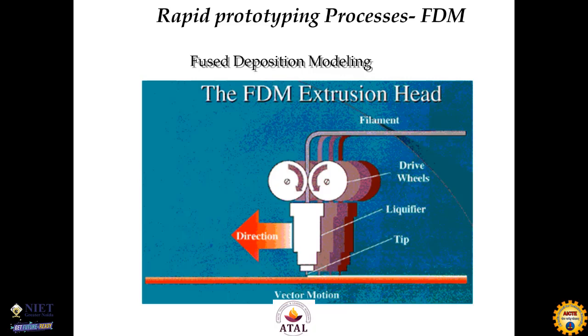For ABS we need a range of 220 to 260 degrees centigrade. For different materials the range is different. Once the filament is liquefied due to heating in the heating chamber, the material passes through the nozzle and is deposited on the platform layer by layer.